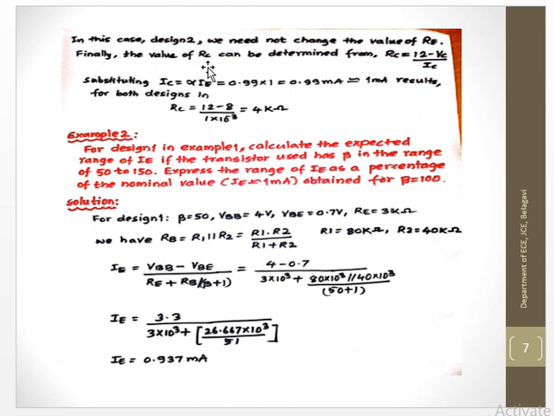Finally, the value of RC can be determined from RC equal to 12 minus VC divided by IC.